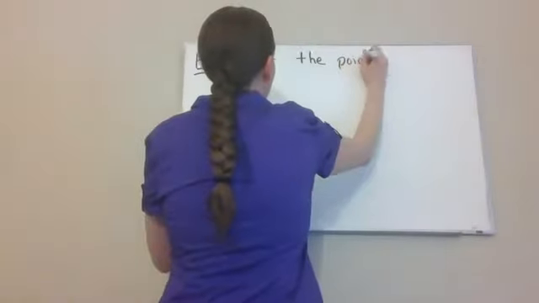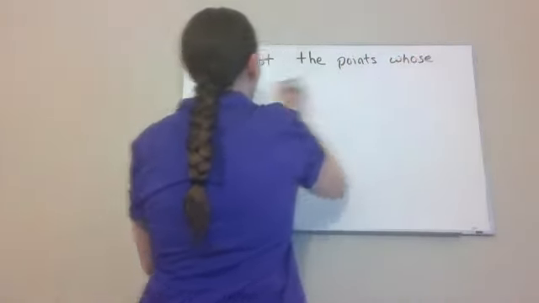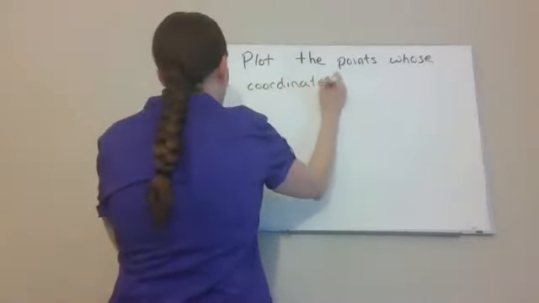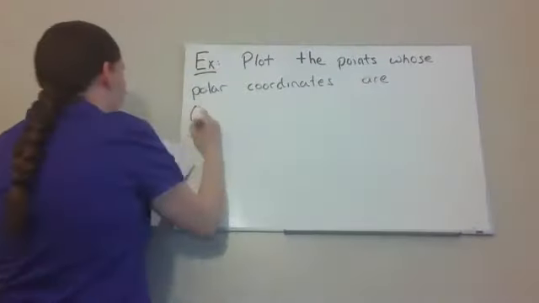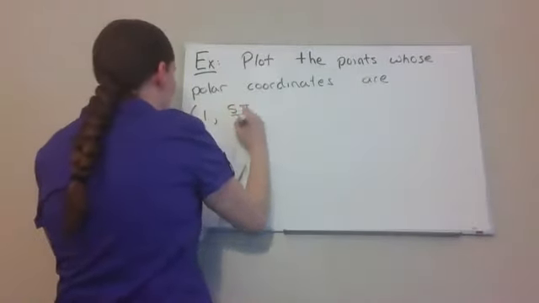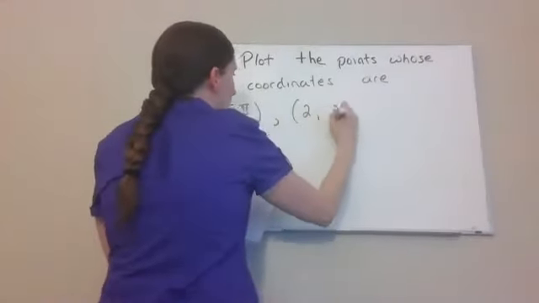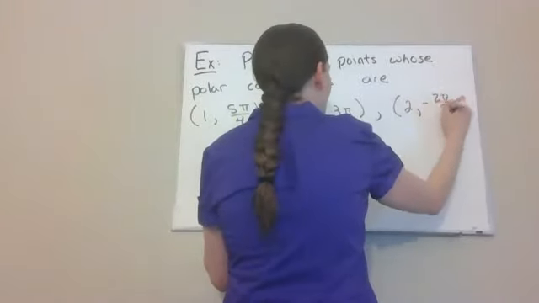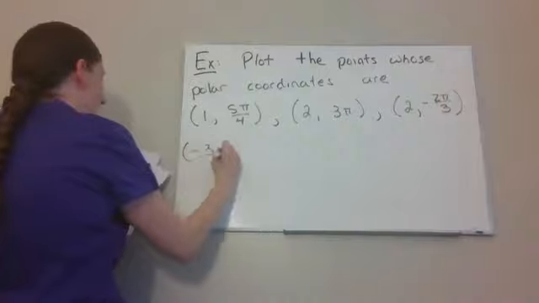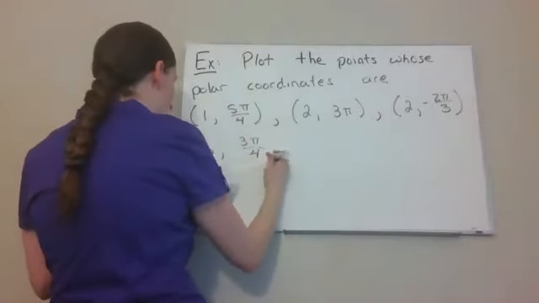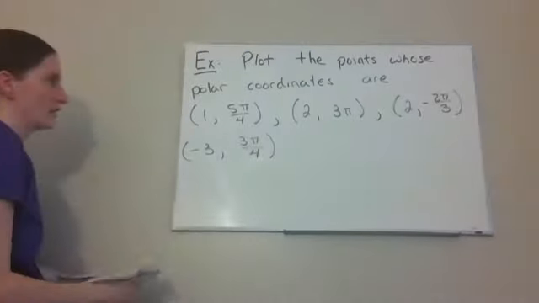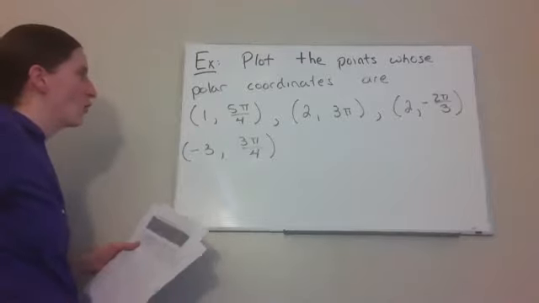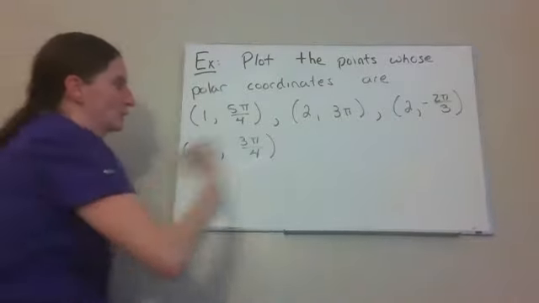So we're just going to plot the points whose polar coordinates are (1, 5 pi over 4), (2, 3 pi), (2, negative 2 pi over 3), and (negative 3 pi over 4). We have a lot of different points to try to graph real quick, and I'm just going to start with that point (1, 5 pi over 4).